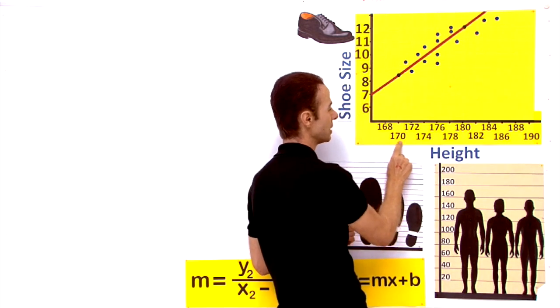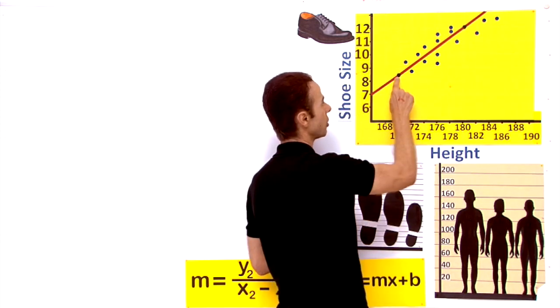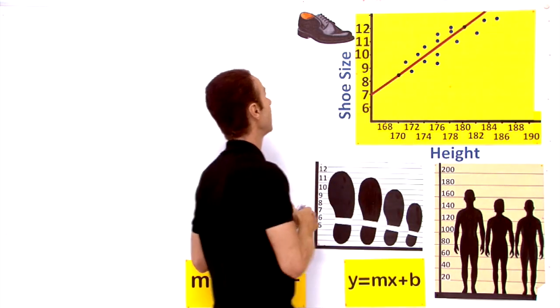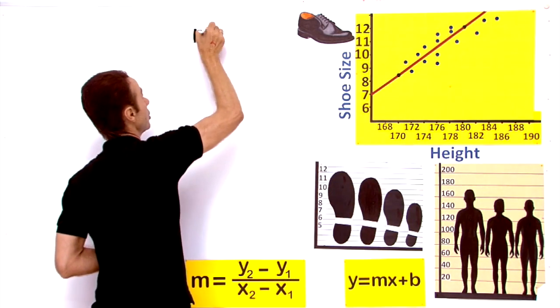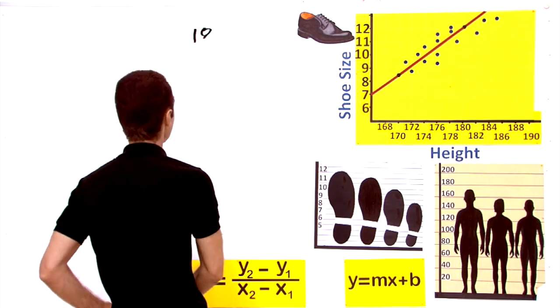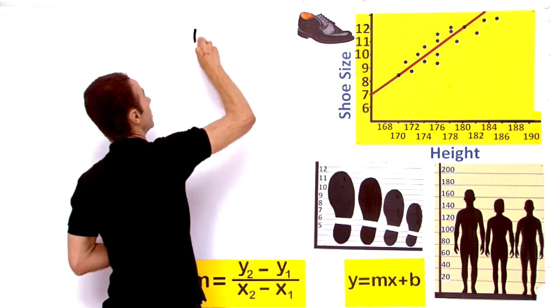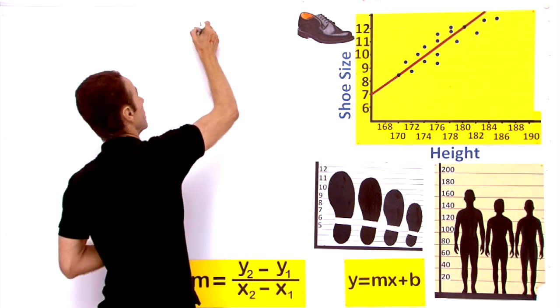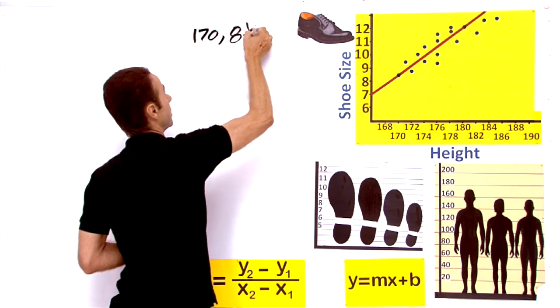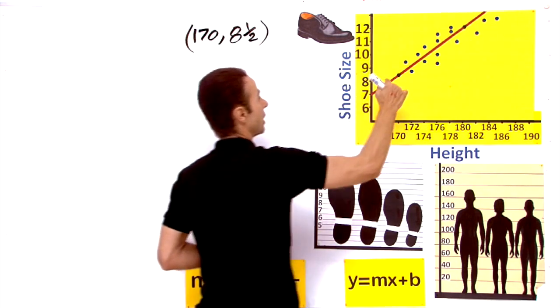And the first one would be 170 going across to between 9 and 8, 8.5 there. So 170, 8.5. So let's write down those coordinates. 170 and 8.5. Okay, that's our first coordinate right there.